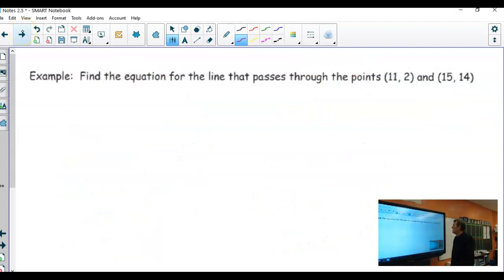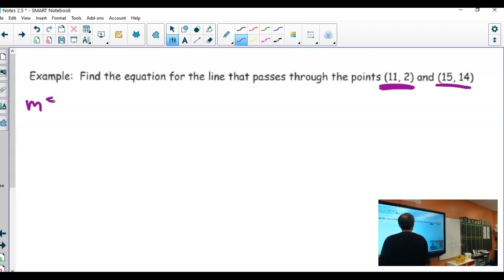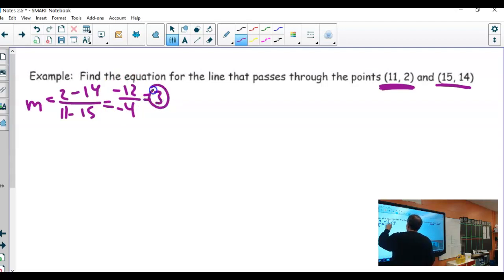Find the equation of the line that passes through 11,2 and 15,14. Even if I was going to use slope intercept form, the first thing I have to do, no matter which form I use, is find the slope. So let's find the slope. And the slope would be y minus y over x minus x. That would be -12 over -4, which is 3.